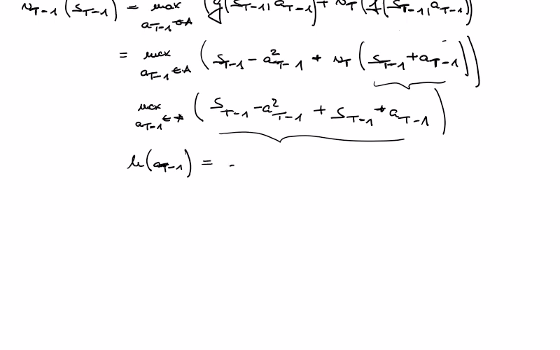So that is defined as... here you have one s_{t-1}, and here you have another s_{t-1}, so we actually have two s_{t-1}, and we have minus a_{t-1} squared plus a_{t-1}. Now again we have to compute the derivative, set to 0 and maximize.